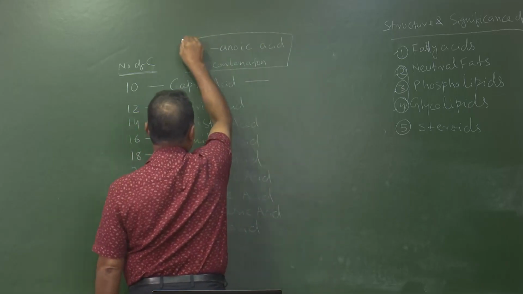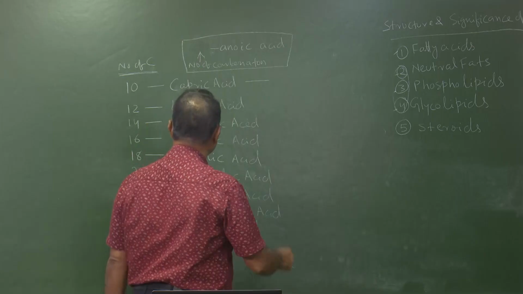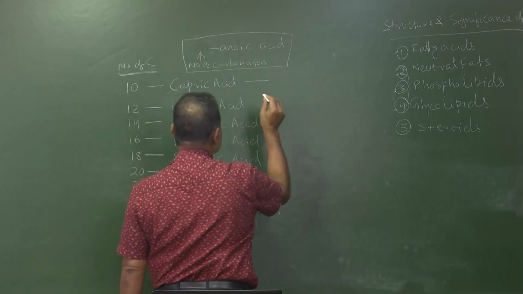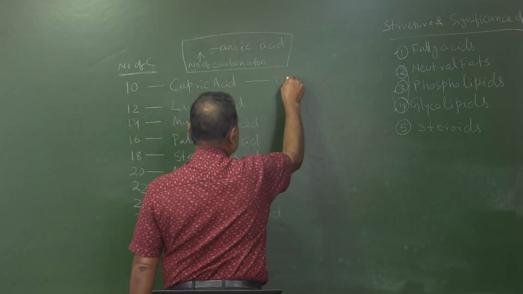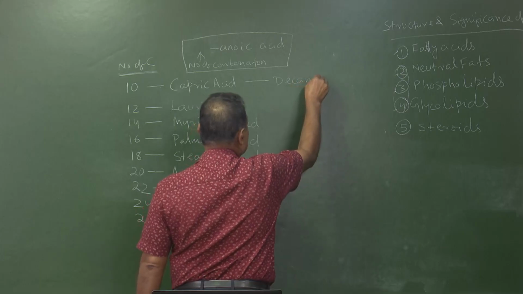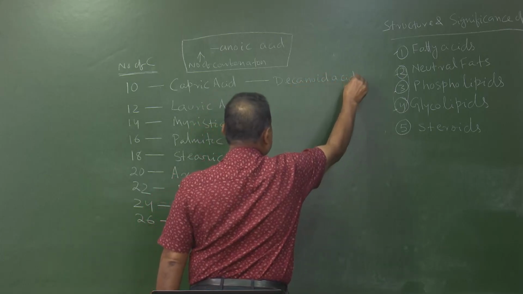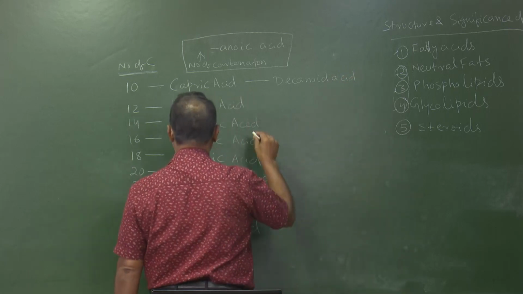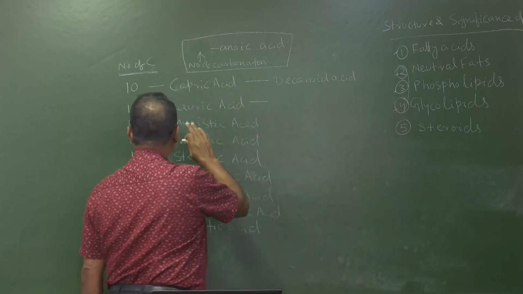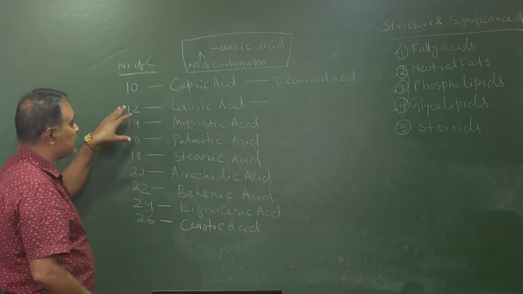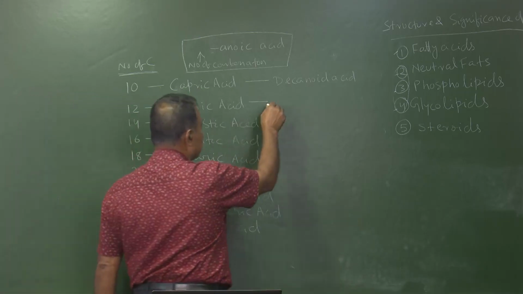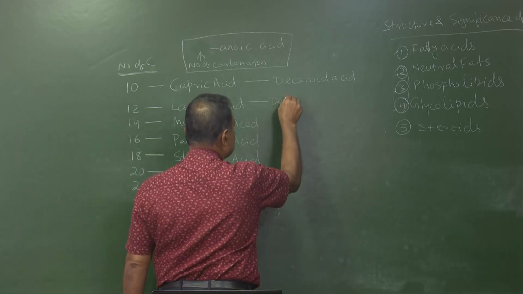So this is our method of writing the systematic name. Since here it is 10, this will be decanoic acid. In lauric acid there are 12 carbon atoms, so we write dodecanoic acid.